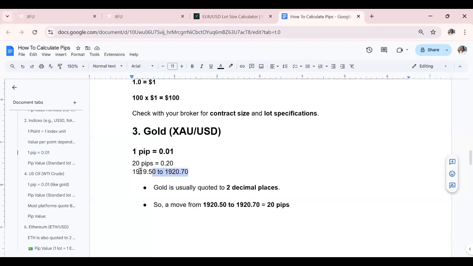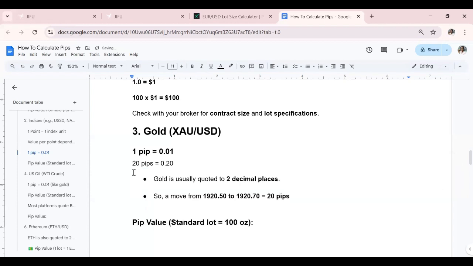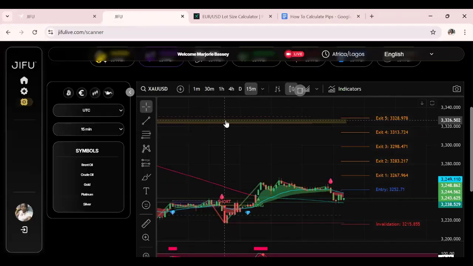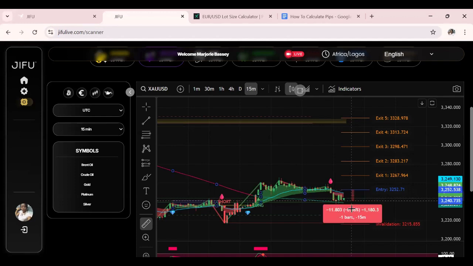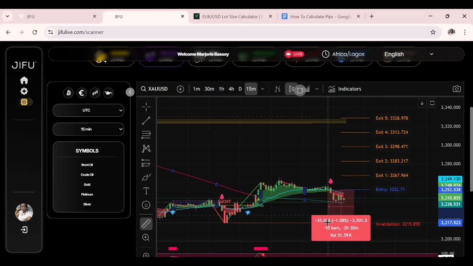And I'll always reiterate that you don't need to start doing all these manual calculations. Even on TradingView, and on JIFU charts, there are tools here that allow you to easily calculate from your entry. You can check and say, okay, do you really want to enter this trade? This is an entry here. And then you can check to the invalidation points and see how many pips we have for this movement.